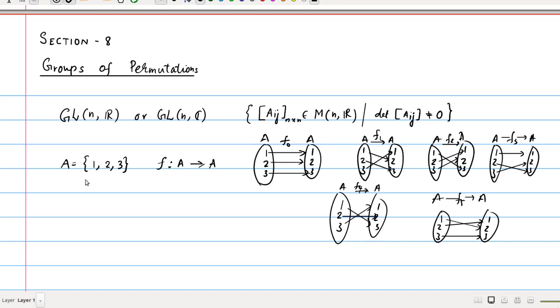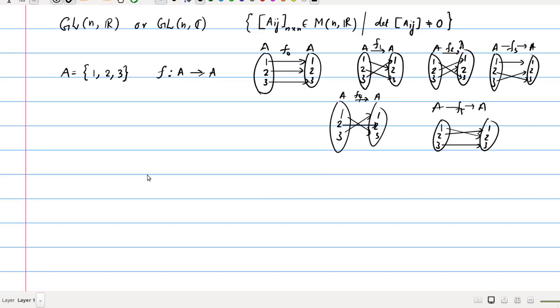Since A contains 3 elements, there are exactly 6, that is 3 factorial, one-one onto functions from A to A. So if you denote these functions as a set, f0, f1, f2, f3, f4 and f5, these are the only one-one onto functions from A onto itself, and we call this set S_A.